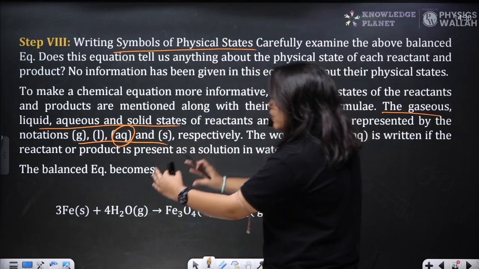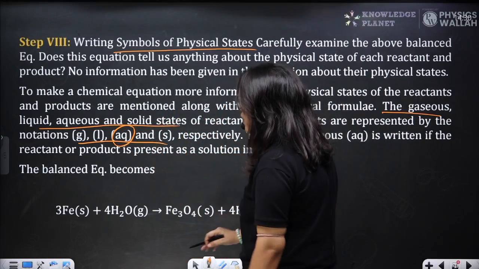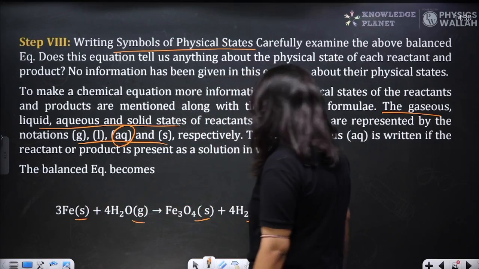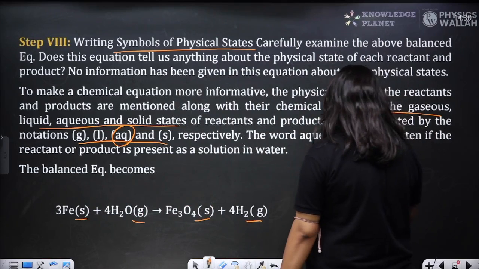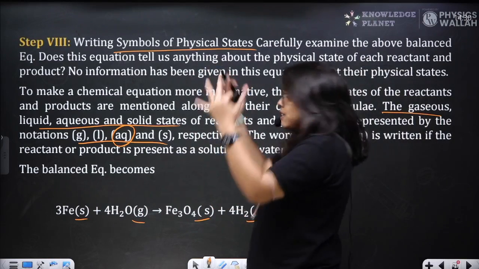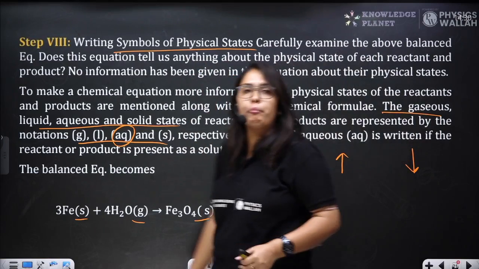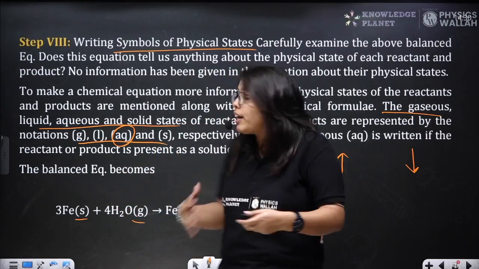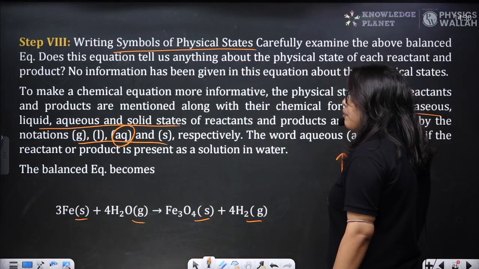So we will mention the physical states of them in brackets next to them, as you can see. And we also use arrows. Upward arrow means the gas is being released. Downward arrow means a precipitate is formed. So this is how we can make our equation more informative with respect to the symbols of their physical state.